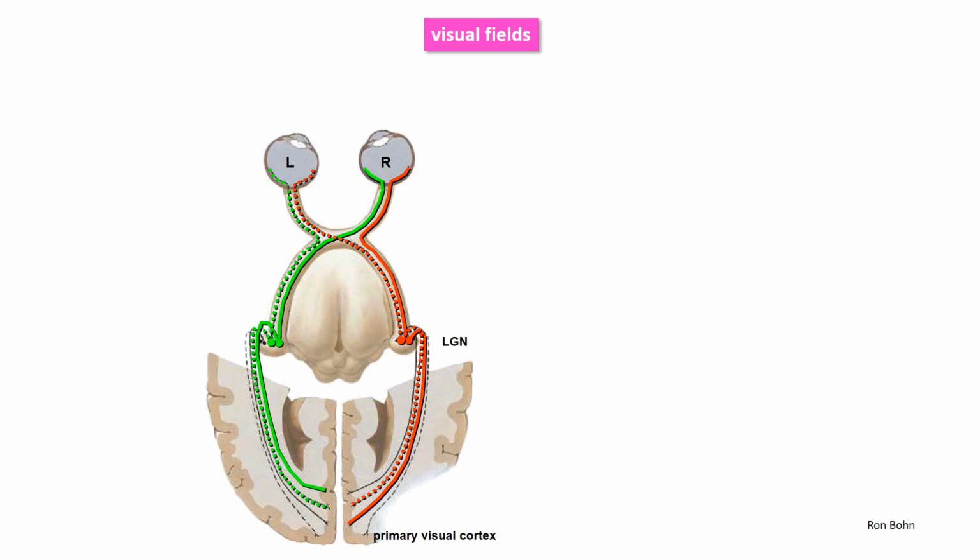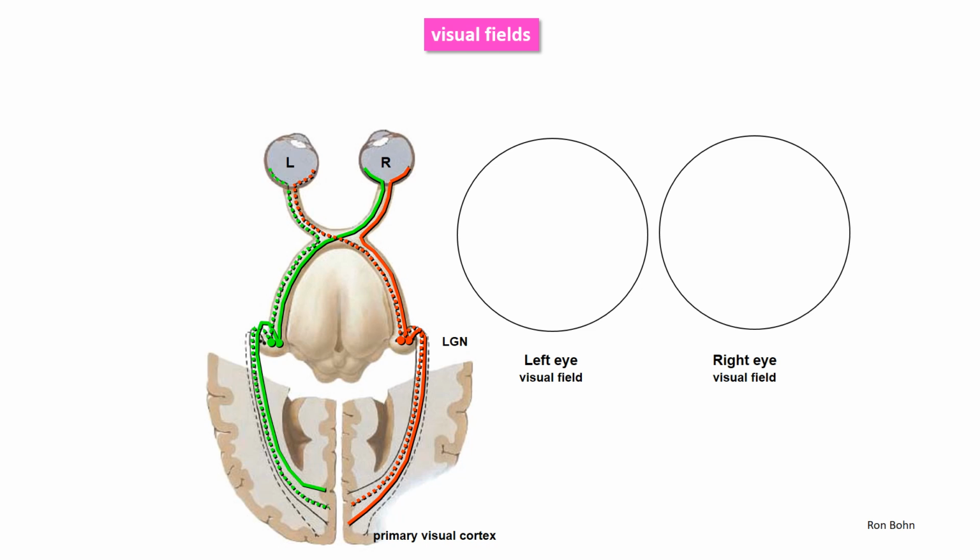So you see that the nasal field on the right side is green, and the temporal field on the left side is green, and then contralaterally on the other colors. So let's just follow this slide as we keep adding pieces in. So the left eye visual field and the right eye visual field, okay, and if you follow this, look at the visual field for the left eye, for example.